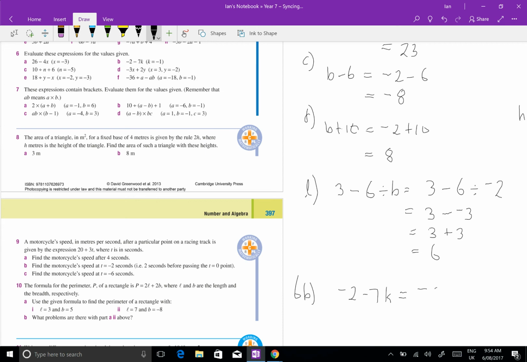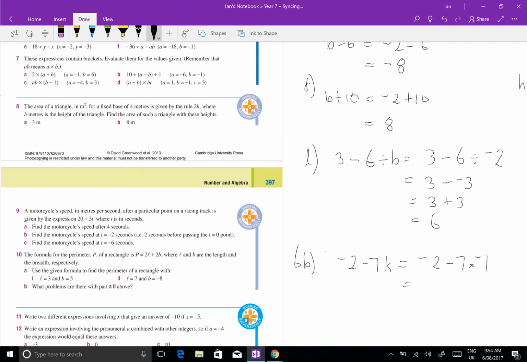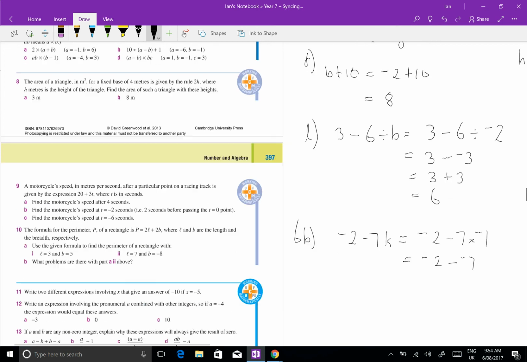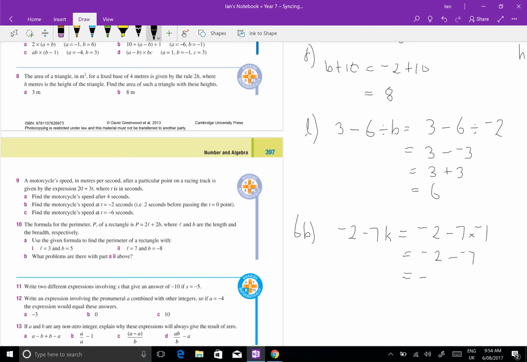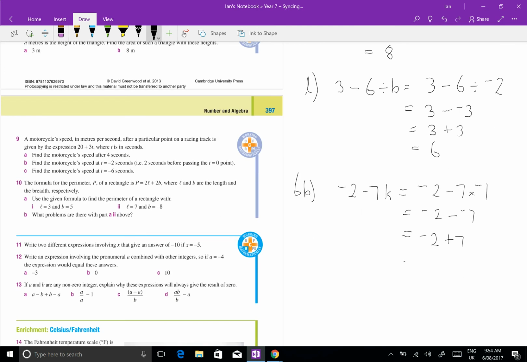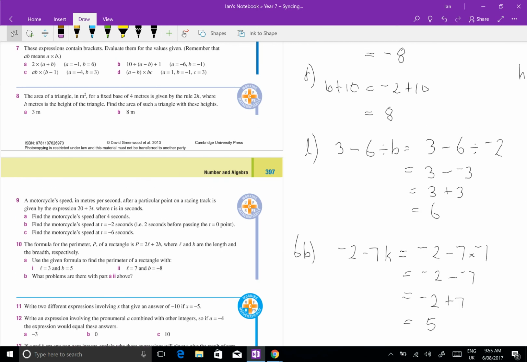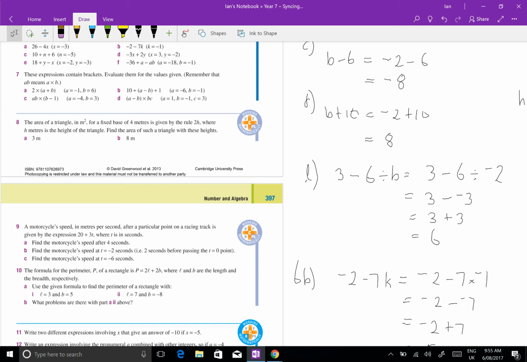Well, negative 2 minus 7, remember that's times, and k is negative 1. Well, negative 2 minus 7 times negative 1 is negative 7. Well, that's nice because those two negatives will make it plus 7. And negative 2 plus 7 will give me 5. Again, I would suggest using your calculator.